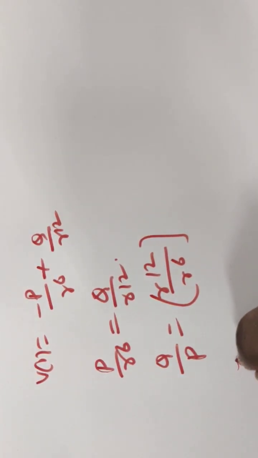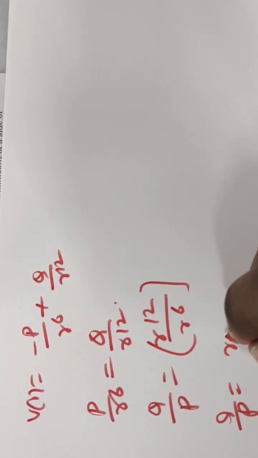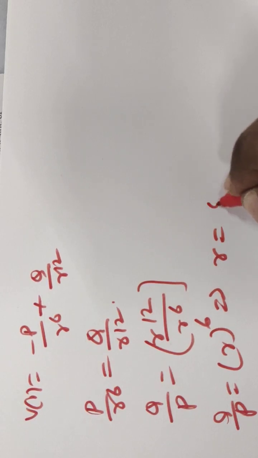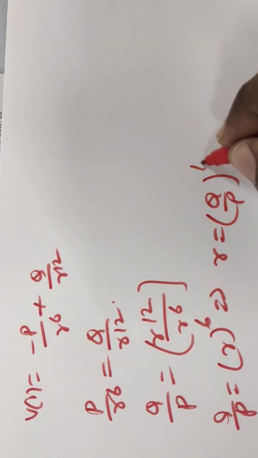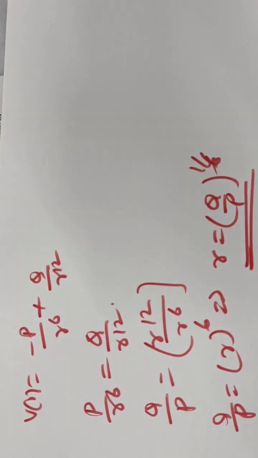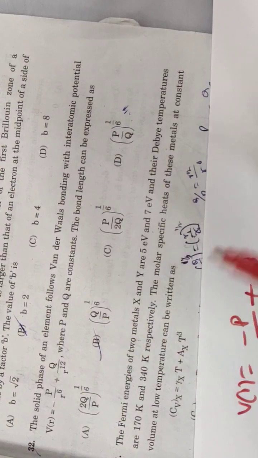Then Q by P is equal to, if we solve this, R power 6, and if we send this across, R is equal to Q by P whole power 1 by 6. Just by simplification, we will get option B is correct.